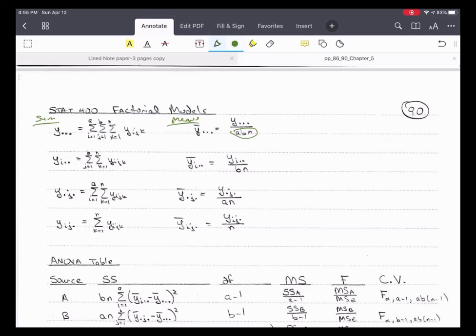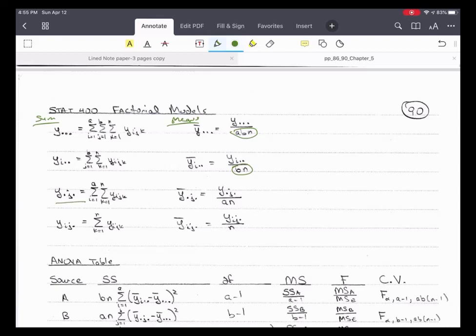And for yi dot dot, I add up all of the observations for the ith treatment level of factor A. And so that means I'll add across b and n. And then to get that average for that ith level, I'll divide by bn, b times n.